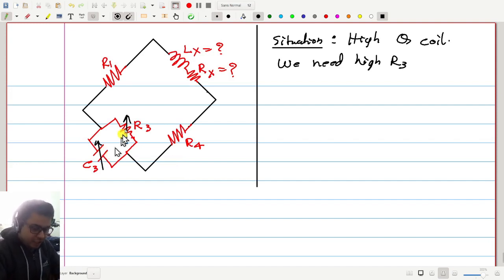In the laboratory, when we are adjusting these things and suddenly we hit the maximum range of available R3 value and we still do not get the balance, then what will we do?